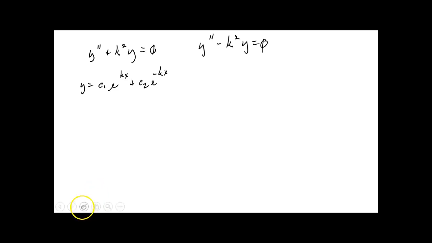No, so I'm looking at the wrong one. I said that can't be true because this is sines and cosines: y is equal to C1 cosine kx plus C2 sine kx.